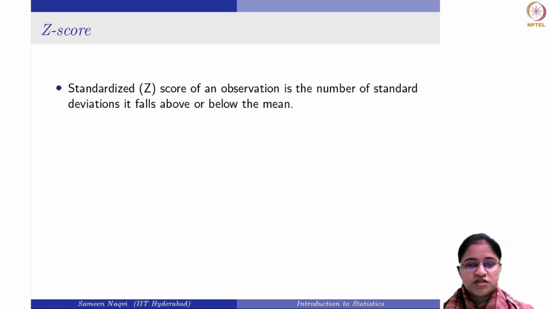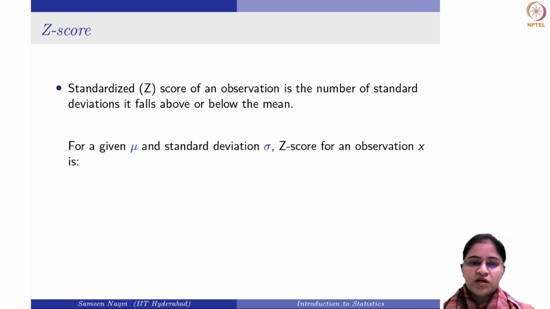Another related concept is the z-score, which makes use of standard deviation and mean. So I have included it over here. So basically, standardized z-score is the number of standard deviations it falls above or below the mean. So if you are given a mean and standard deviation, then the z-score for an observation is nothing but x minus mu by sigma.